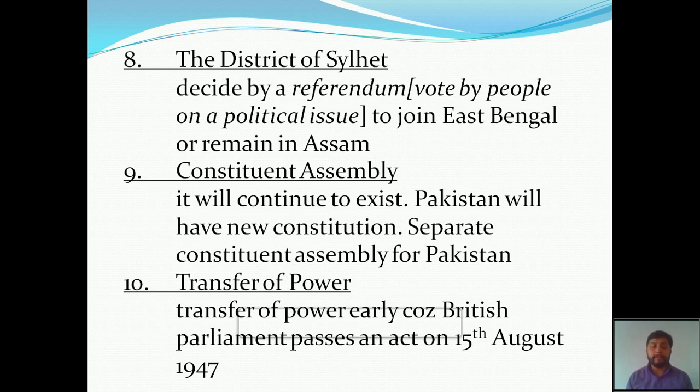That means the Parliament will be passing an act on or before 15th August 1947. So the transfer of power will be much earlier than the earlier promise made by the British. So these were the different provisions promised by the Lord Mountbatten plan.